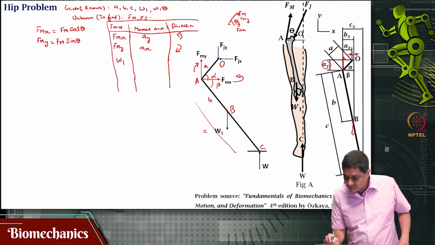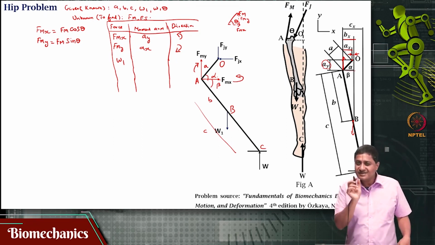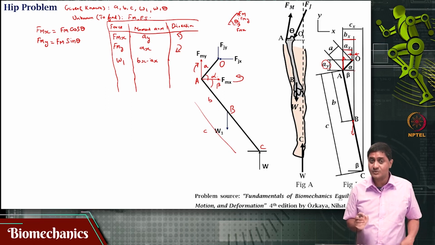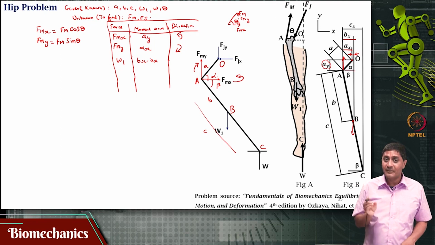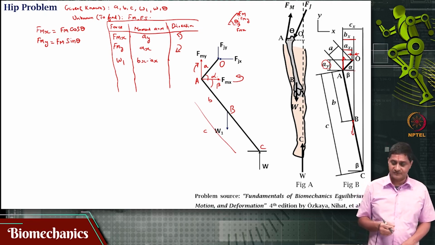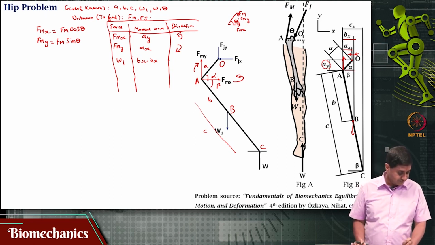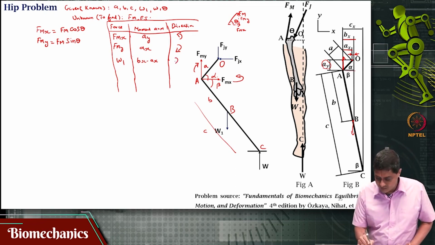That distance is Bx minus Ax. Okay, it is a very small distance. Remember, it is not Bx alone, it is Bx minus Ax. Why? Because I am taking moment about O and I am only interested in knowing the perpendicular distance with respect to the point O, and that is Bx minus Ax. That will actually cause a clockwise moment, is it not?